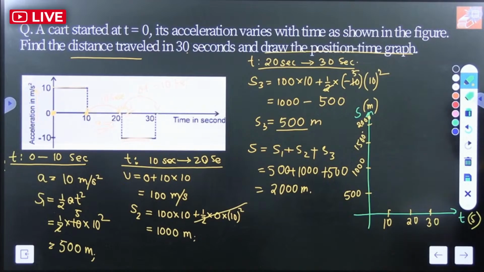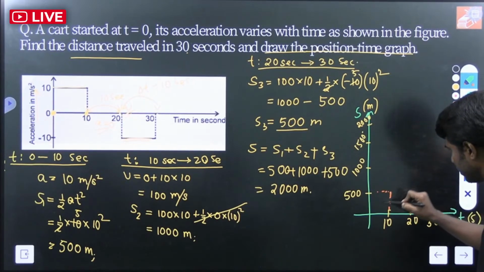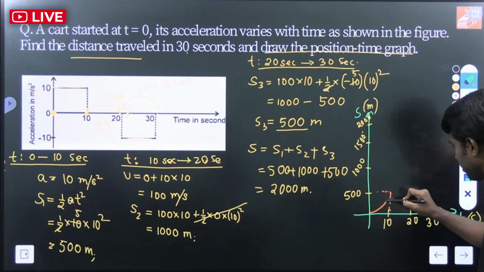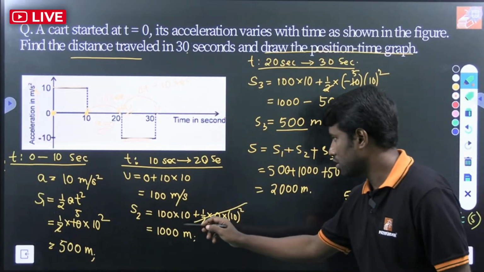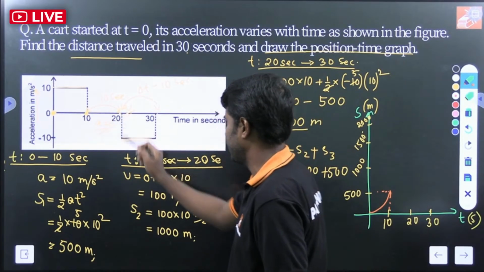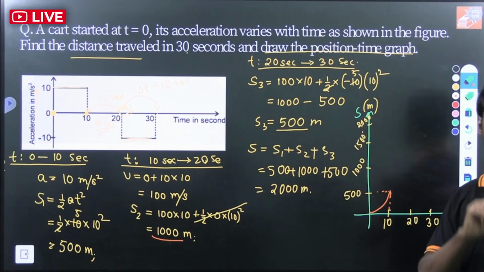So first 0 to 10 seconds, it accelerates. The graph for acceleration is a parabolic graph, right? So the first 10 seconds will be a parabolic graph. Next, 10 second to 20 second, it moves 1000 meter, but it is moving with uniform velocity.